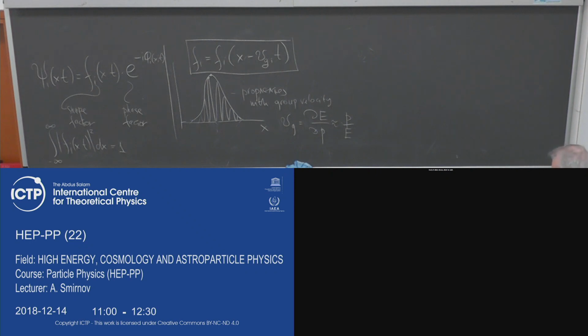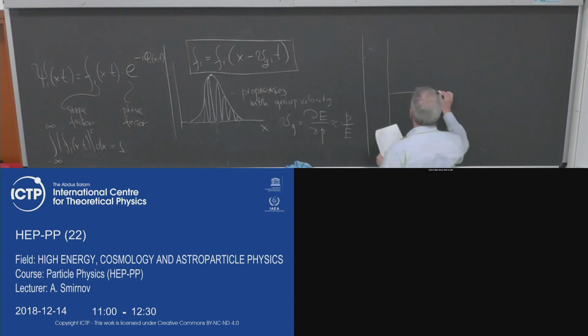Now we have a mixed state, and therefore our electron neutrino should be described by two wave packets. One is for nu1 and another for nu2. And then our electron neutrino has the following representation. That's the wave packet which corresponds to nu1. And I include this cosine and sine.